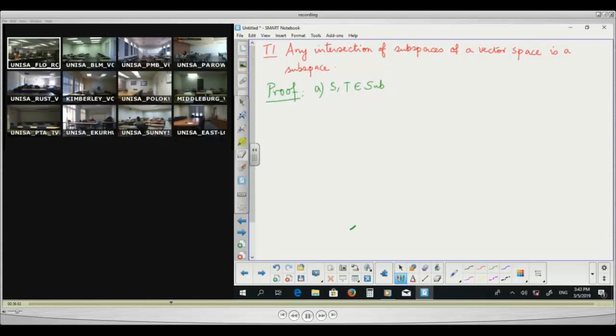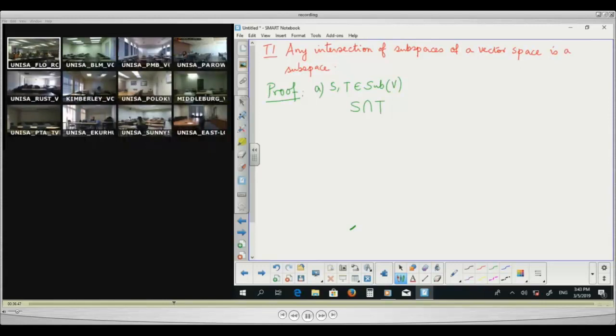Now, let me look into this set S intersection T. It's a subset. Now 0 belongs to both S and T, so immediately we know that this intersection is non-empty.